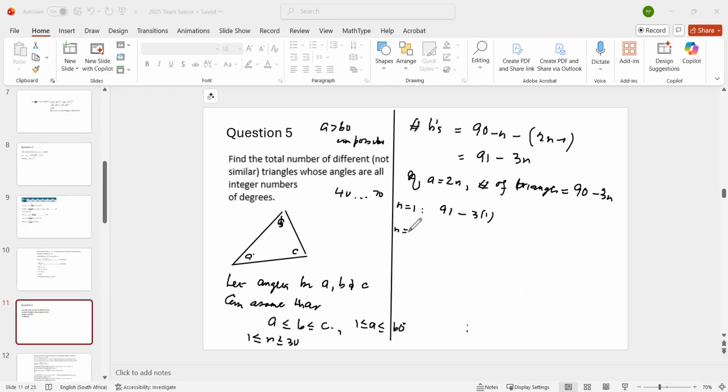N equals 2, you have 91 minus 3 times 2. And that's the number of triangles. And all the way up to n equals 30, you have 91 minus 3 times 30. Okay?